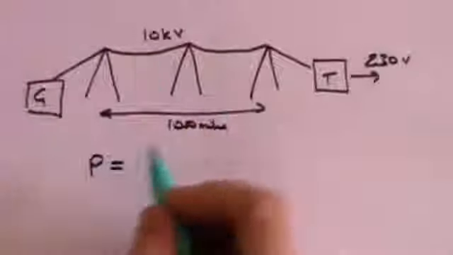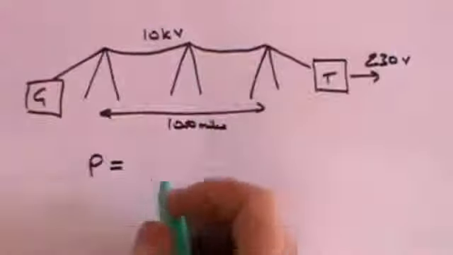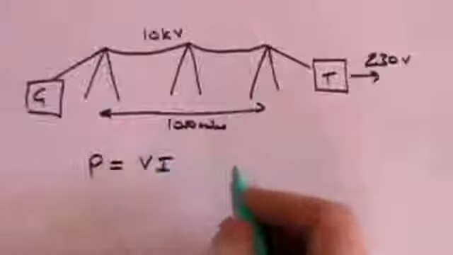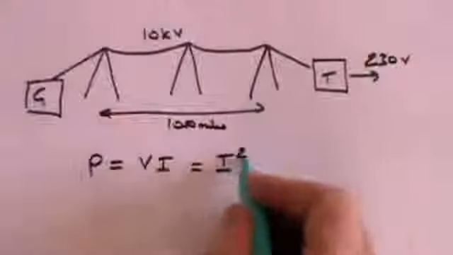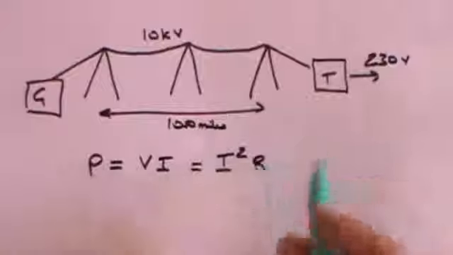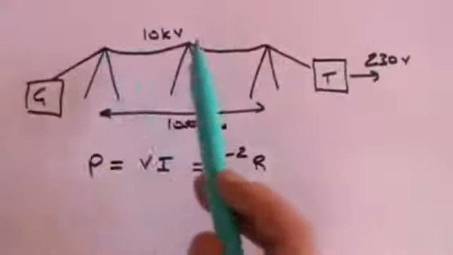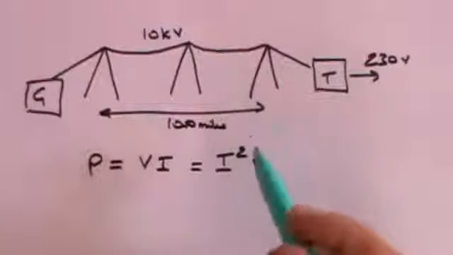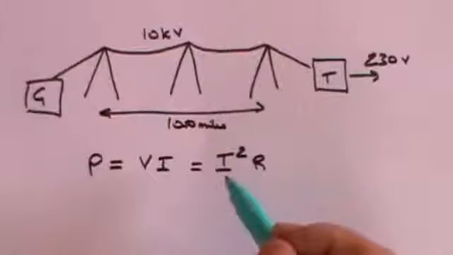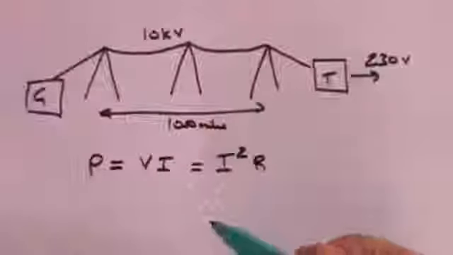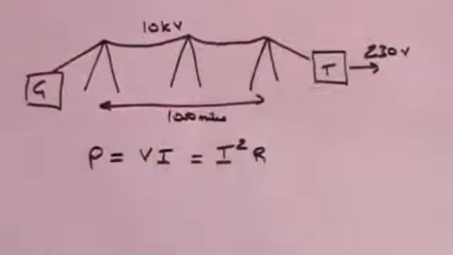We know that the power loss in this cable is going to be the voltage times the current, which can also be written as I squared R. The current squared times the resistance of this cable. The cable will have, although it's an electrical conducting cable, probably made out of copper, it will nevertheless have a resistance. So there will be a power loss.